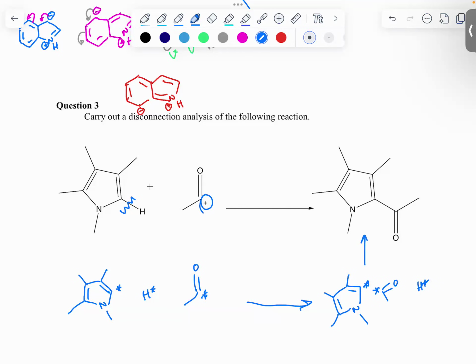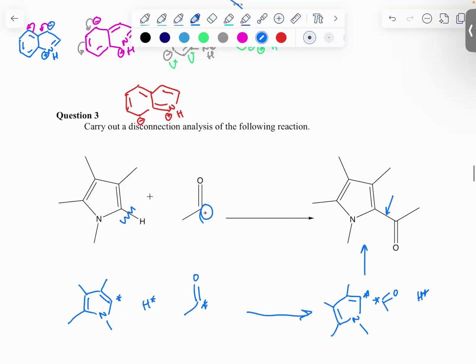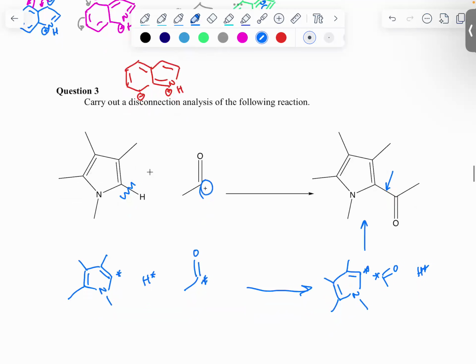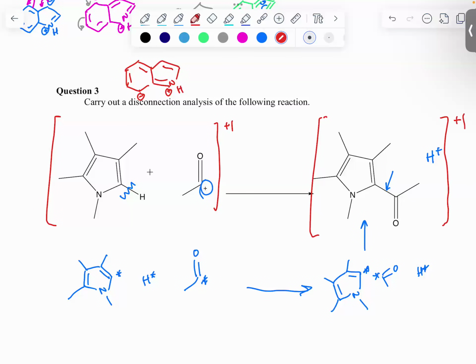And then we go to our products, and we have to indicate that new bond formed, and then conservation of charge. We started here with a +1 charge. Here we have that +1 charge.